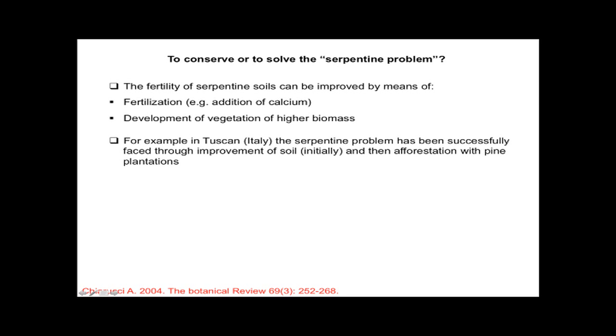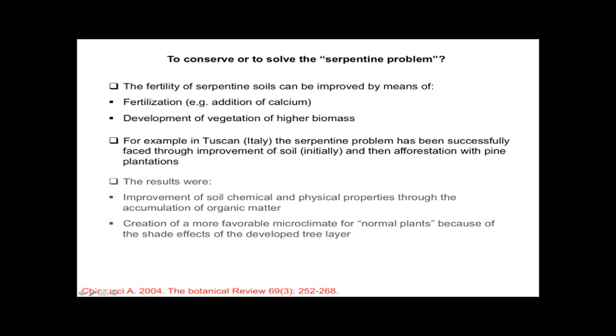Actually, in Tuscan area in Italy, the serpentine problem has been successfully faced through initially improvement of soil with fertilization, and most usually with addition of calcium in the soil, and then through afforestation with pine plantations.